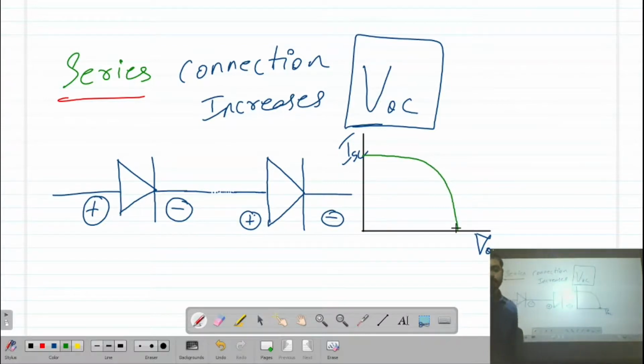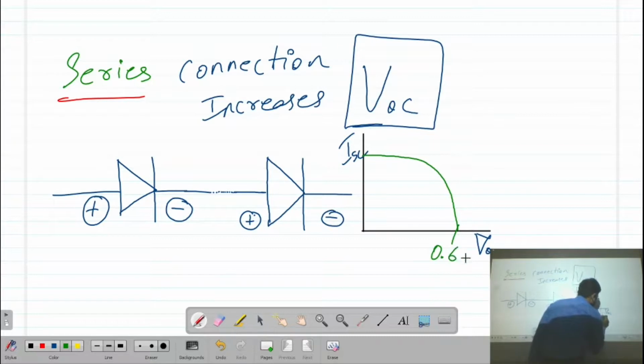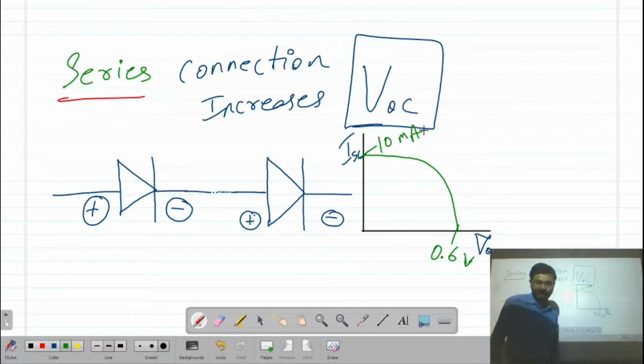The IV will be something like this, near about this, right? Where this is 0.6 volt and this is, let us say, 10 milliampere, right?